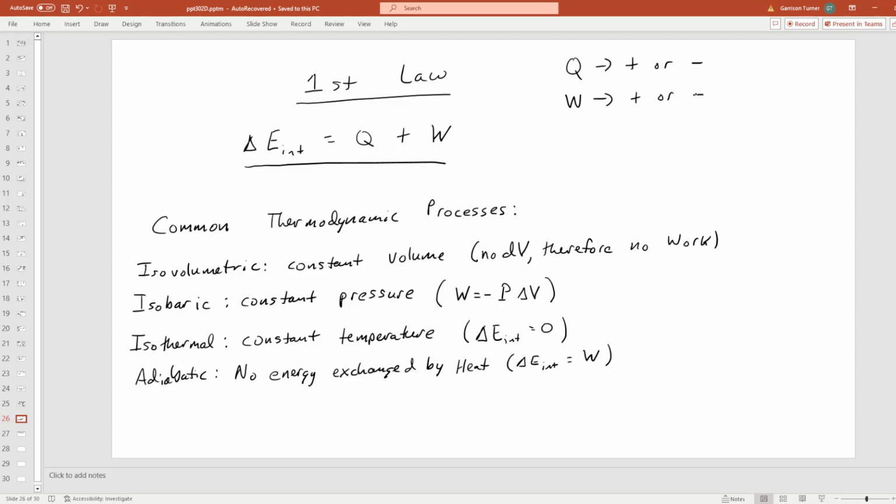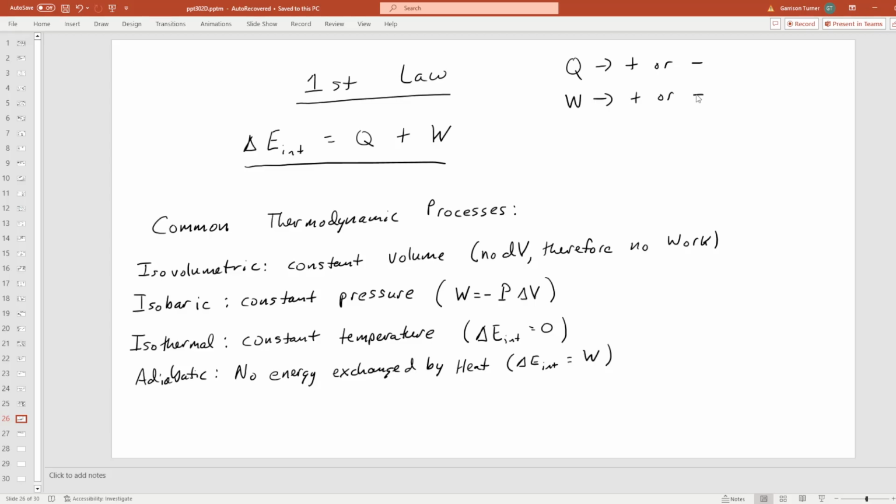Okay, so I can let the system do work on the environment and take energy out of the system while I'm also inputting thermal energy into the system. And in that case, it will just depend on which amount of energy is larger, the energy that was lost or the energy that was gained, as to whether the total change in your internal energy will be positive or negative.